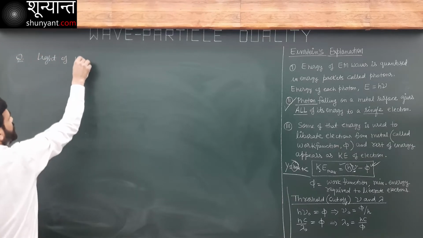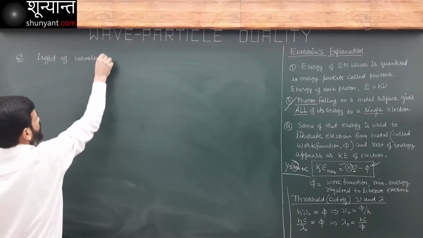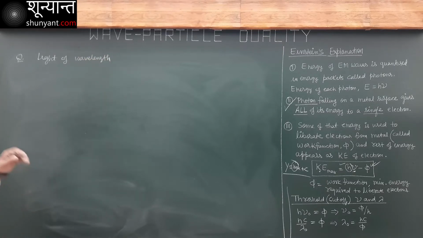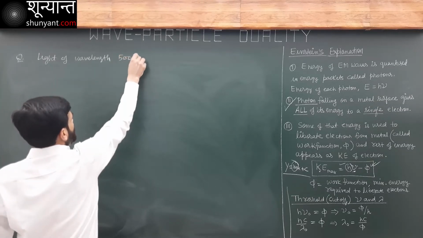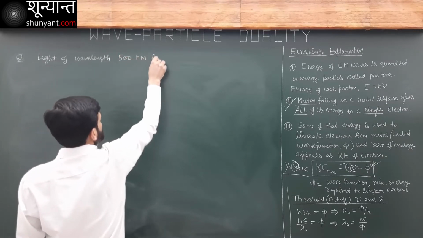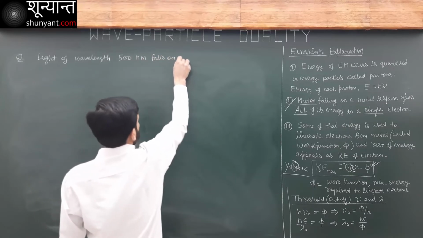Light of wavelength 500 nanometer falls on a metal plate.